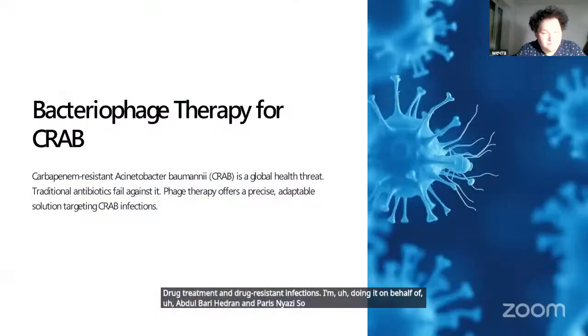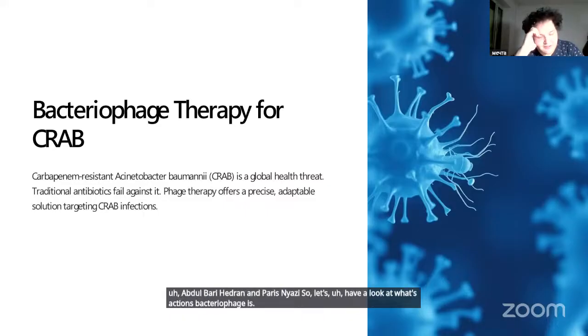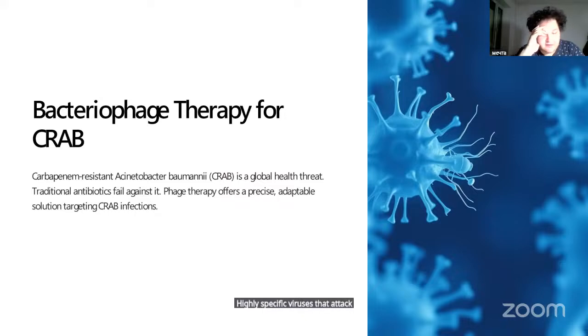So let's have a look at what bacteriophage actually is. Bacteriophages are highly specific viruses that attack bacteria only. In our case, if we talk about our strain, we will take it as CRAB.